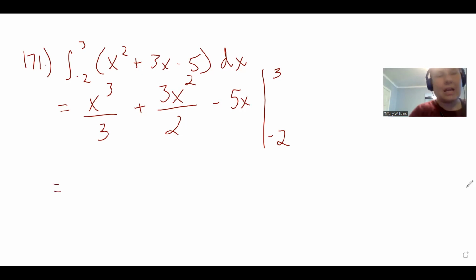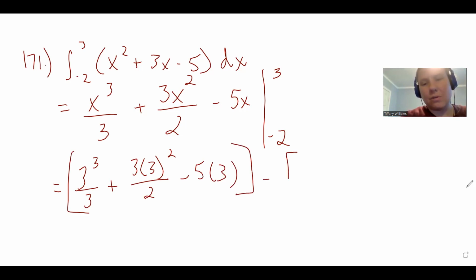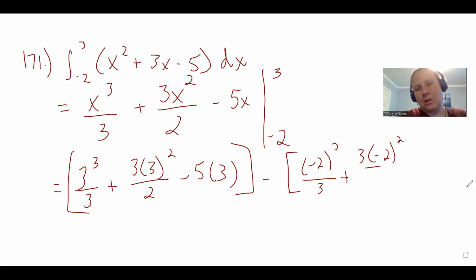So I'm going to take 3 cubed over 3 plus 3 times 3 squared over 2 minus 5 times 3. I'll get that answer, whatever that ends up being. And I'm going to subtract from it what happens when I plug in -2. So I'm going to have -2 cubed over 3 plus 3 times -2 squared over 2 minus 5 times -2.